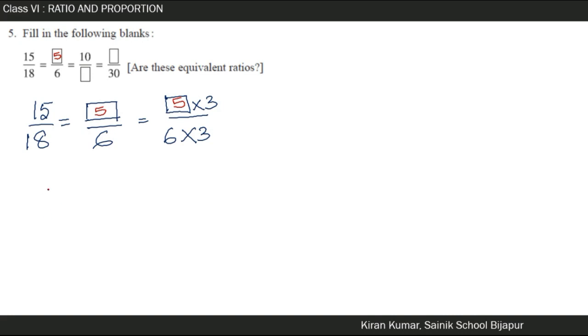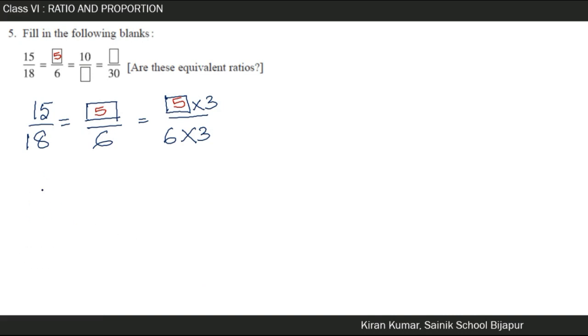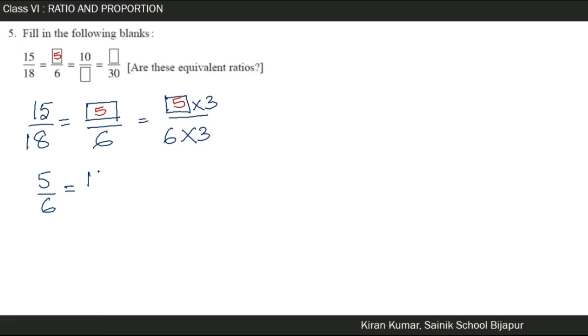Now let me consider this 5 by 6. This is equal to 10 upon blank. When 5 is multiplied by 2, we would get 10.